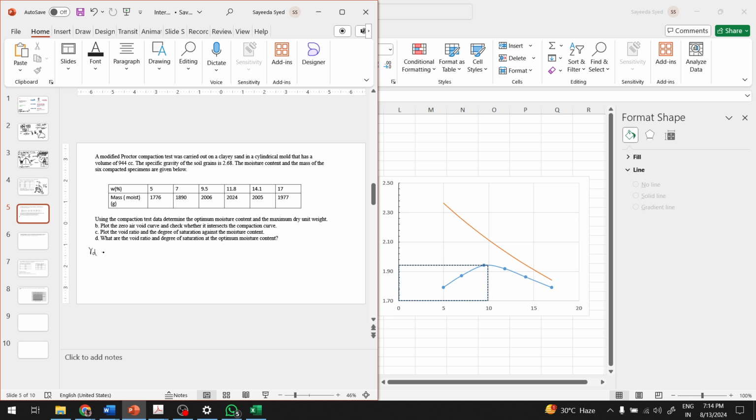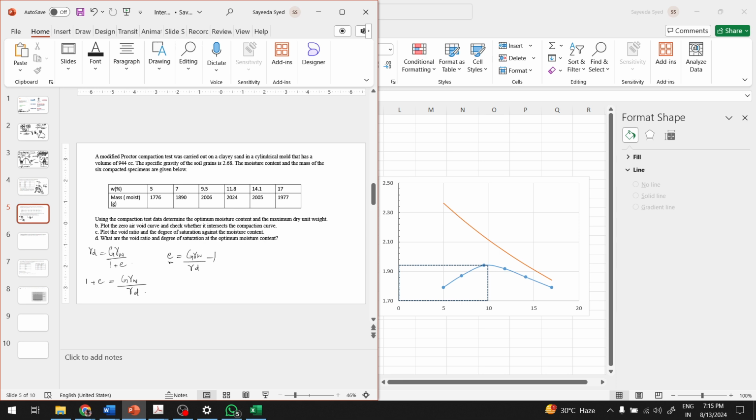Gamma D equals G gamma W over 1 plus E. That implies 1 plus E equals G gamma W over gamma D, and E equals G gamma W over gamma D minus 1.